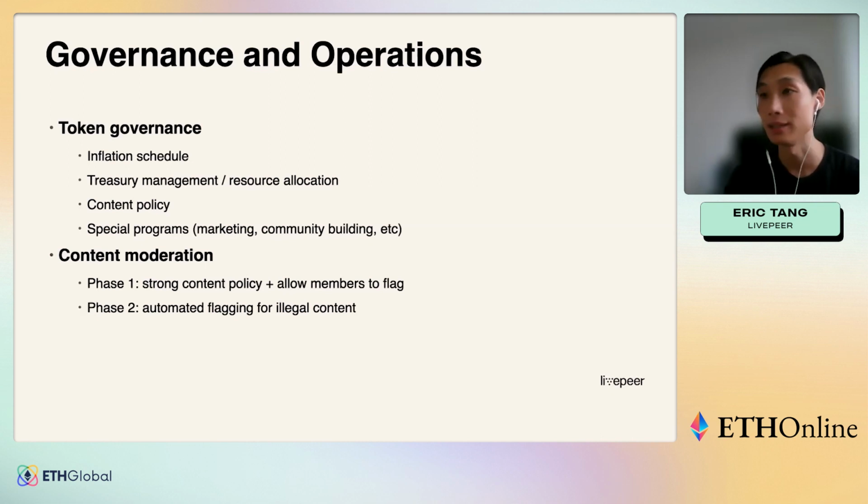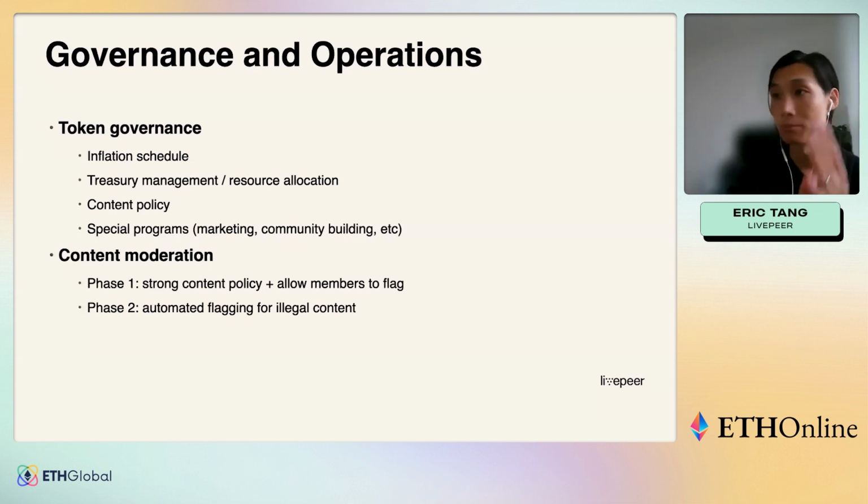So some ideas around what the token can actually govern, right? Things like the inflation schedule, things like treasury management or resource allocation, things like content policy, right? What kind of content is allowed on this platform is oftentimes very, very important for a content platform, especially a user-generated content platform.